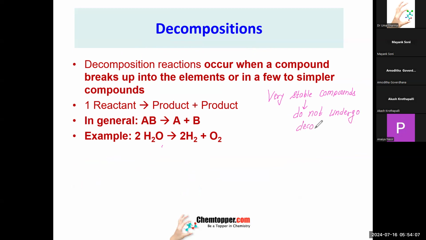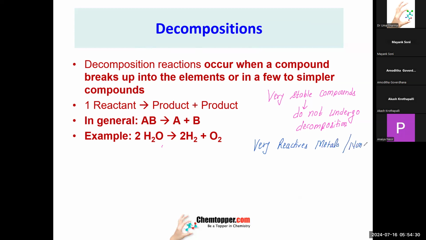But which compounds are very stable? How will I come to know that the compound is very stable? Write another line. Very reactive metals or non-metals.